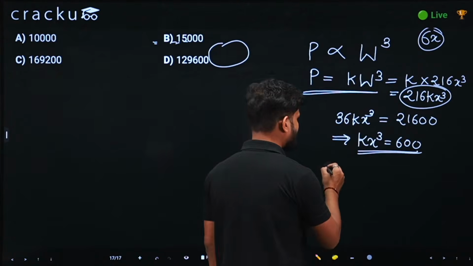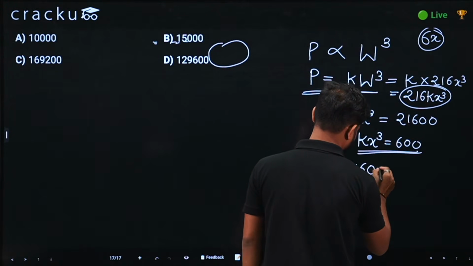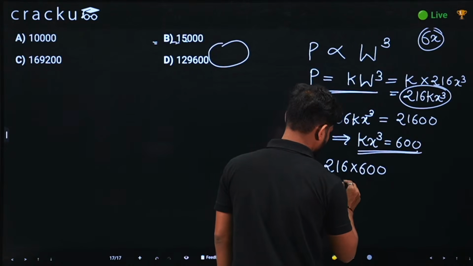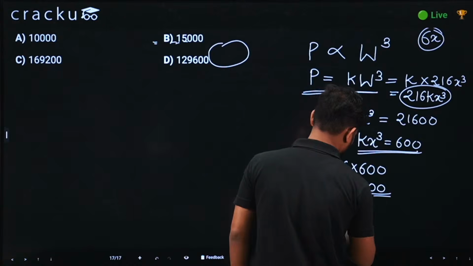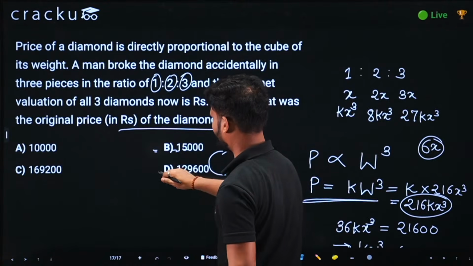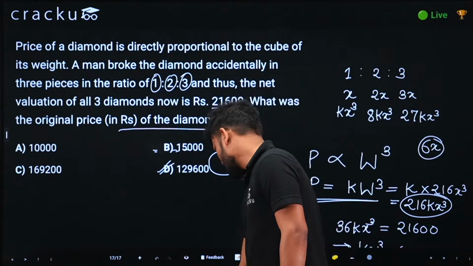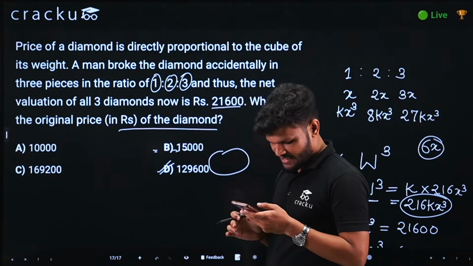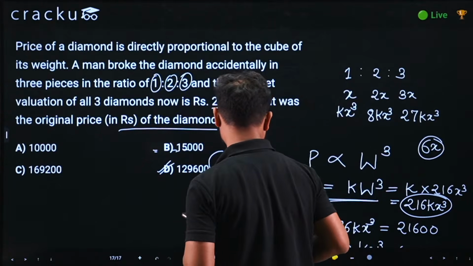It is 600. So it will be 216 into 600. This is nothing but 129600. This is given in option number D. So this is how you solve the proportionality questions. Let me see in the chat box who has given the correct answer. Yes, Sahana and Yash, both of you have given the correct answer.